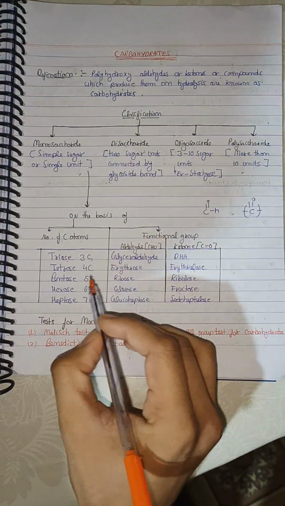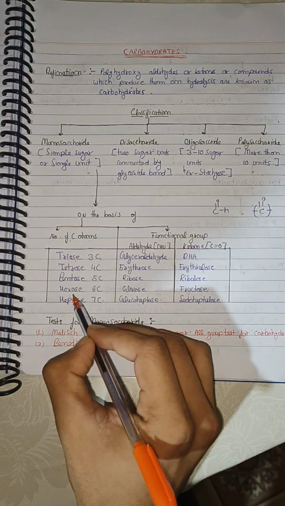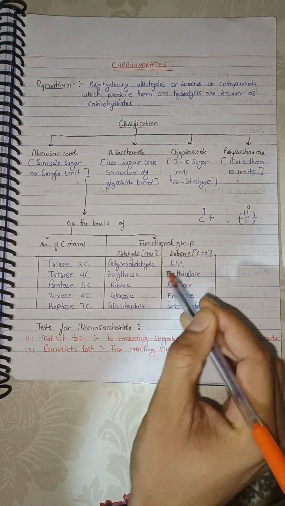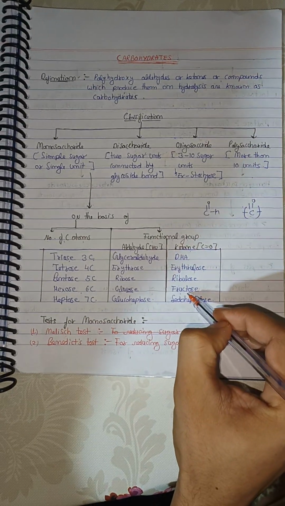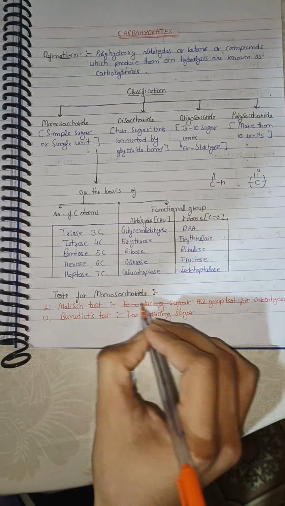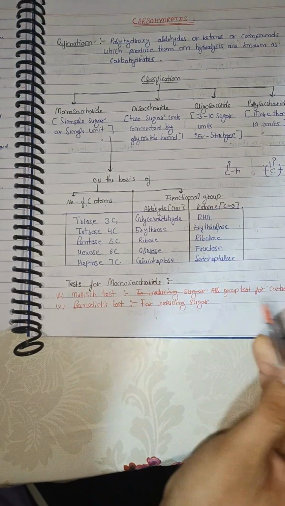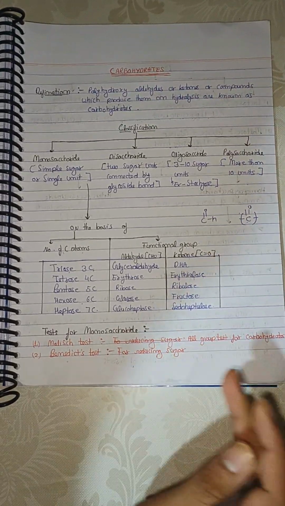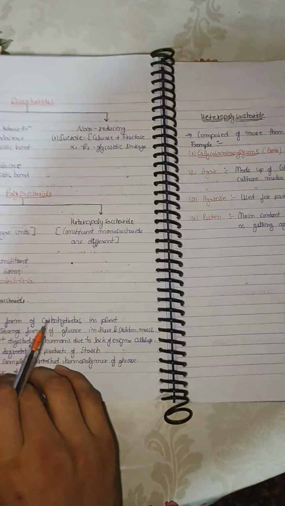If the aldehyde group has 6 carbons, it is called glucose, and the ketone with 6 carbons is called fructose. Here are some tests for monosaccharides, like the Molisch test, which is for all groups of carbohydrates, and the Benedict test for all reducing sugars.